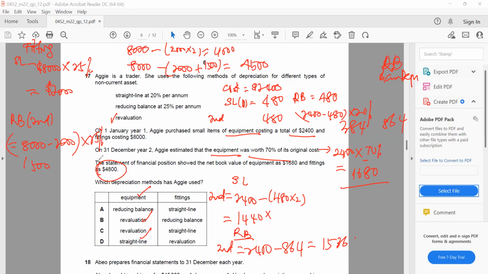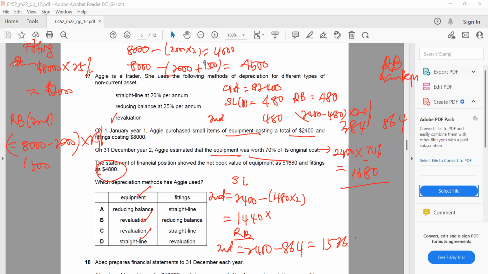So both also I didn't get it. Where's the mistake? The fitting cost 8,000. Okay. So 8,000 times straight line. Oh, this is a reducing balance.